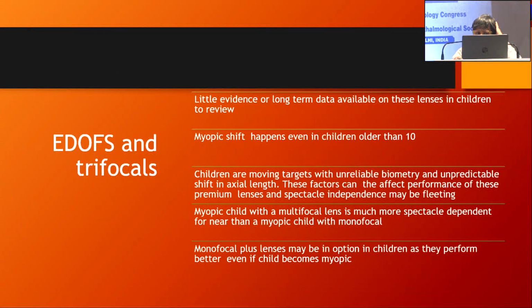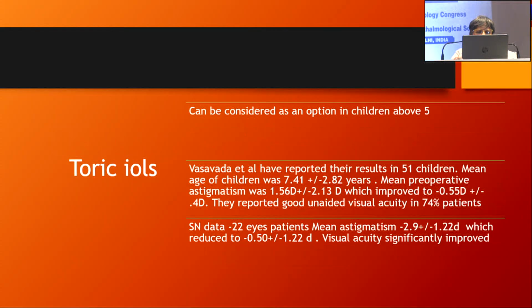EDOFs and multifocals in children, very little evidence or long-term data available. Myopic shift happens even in children older than 10, so they are moving targets with unreliable biometry, and probably you should avoid these lenses till more evidence becomes available. Toric lenses can be considered as an option.